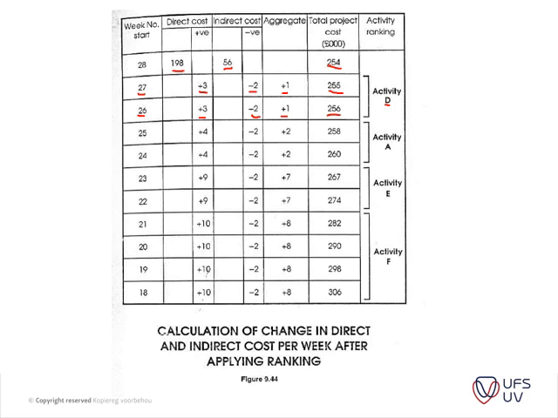Then we look at activity A. If we reduce it by 1 week, here we add 4,000 pounds and we subtract 2,000 for our indirect costs, and then we've got an aggregate of 2 and 250,000. So you can see it's fairly straightforward.